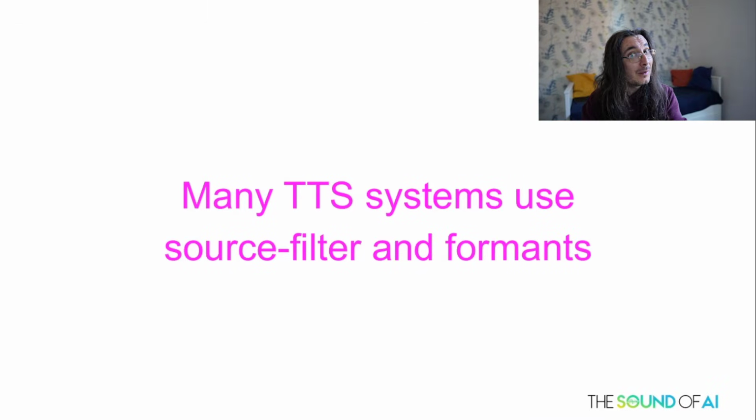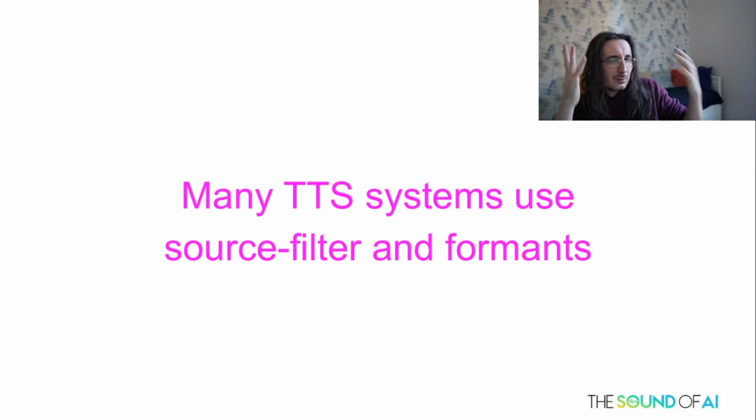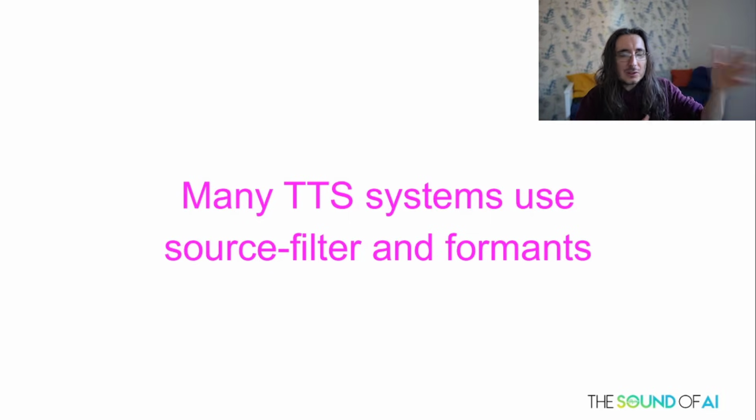Why should I care about the source filter model and formants? Well, it turns out that when you know how we do something, when you have that insight, you can try to reuse that knowledge to have a machine simulating or reproducing what we do. And indeed, a lot of the TTS, text-to-speech systems out there, especially the more outdated ones, tend to use this idea of a source filter with formants.